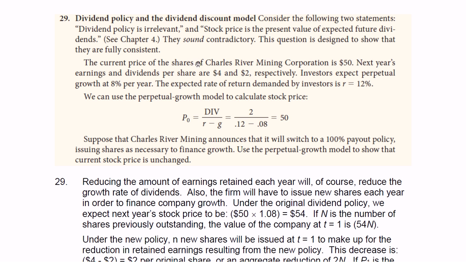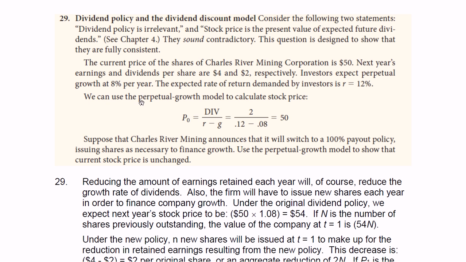The current price of the shares of the Charles River Mining Corporation is $50 per share. Each year's earnings and dividends per share are $4 and $2 respectively. Investors expect perpetual growth at 8% per year. The expected rate of return demanded by investors is 12%.